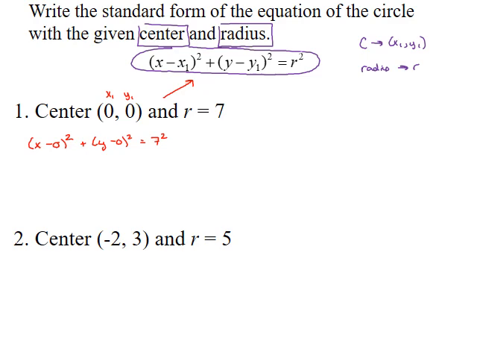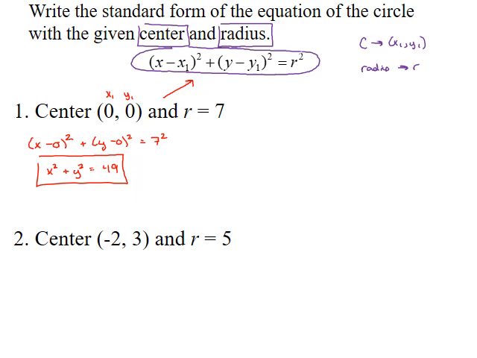Now, normally, if these numbers were anything other than 0, I probably wouldn't mess with them very much. But when they're zeros, you don't really need them there because subtracting 0 doesn't do anything. So I can actually write this as x squared plus y squared equals, and then 7 times 7 is 49. This is the standard form of a circle given the information above.